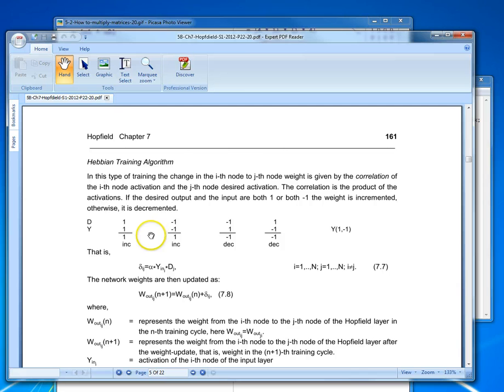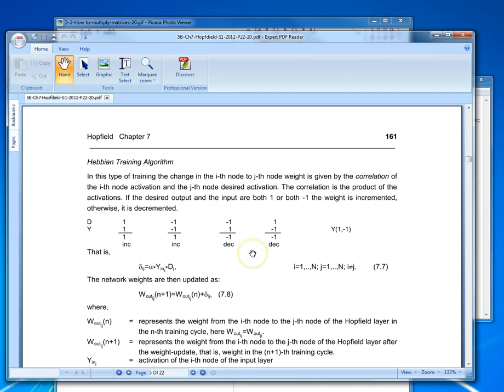So if the inputs are going in the right direction, then you want to encourage it, that is by incrementing the values. If on the other hand the inputs and the desired value are going in different directions, you want to discourage it by decreasing the value of the changes.